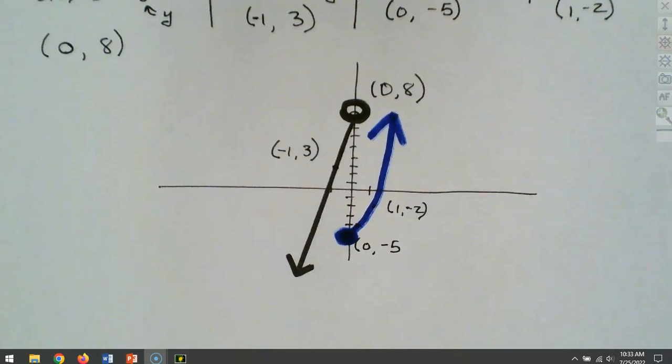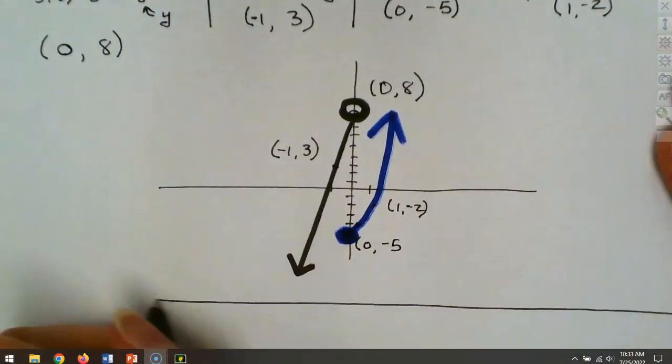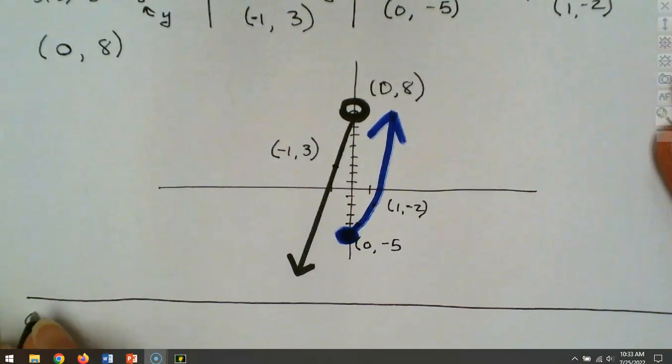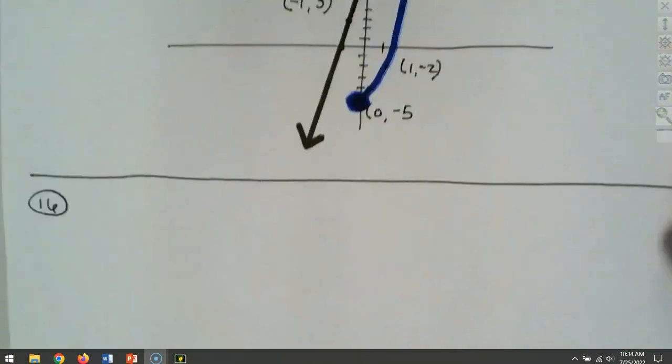I think that takes care of all the brand new material. That was the only ones we really haven't talked a whole lot about. 16 and 17. I picked these just to make sure we understand the terminology and what to do.